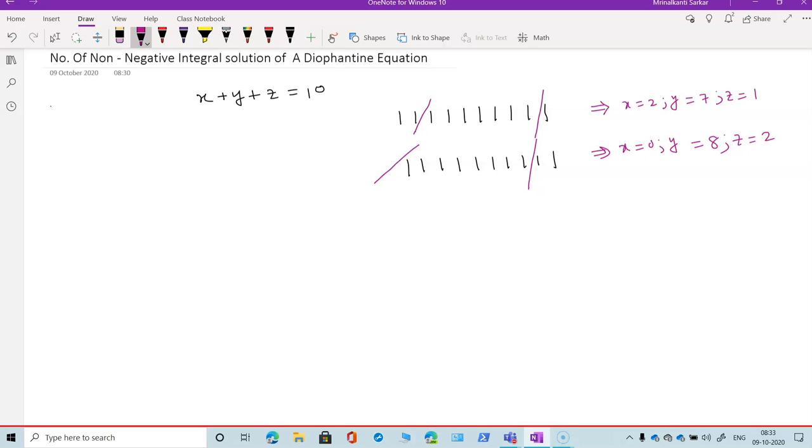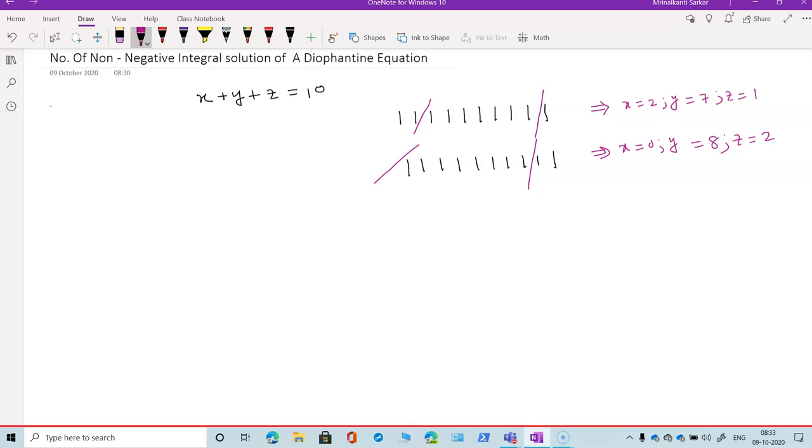Similarly, this can go outside from the right side also. So in that case, z is going to be equal to 0. Isn't it? And y will be equal to 10.